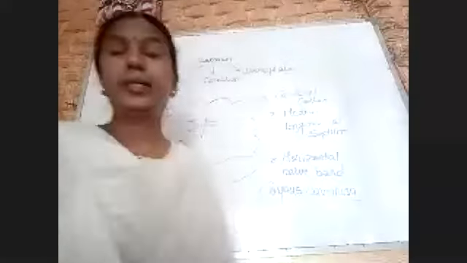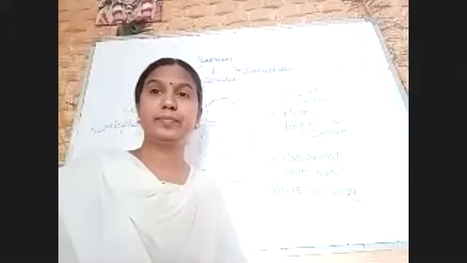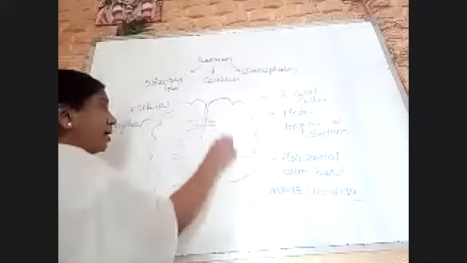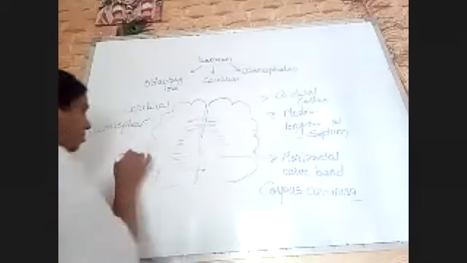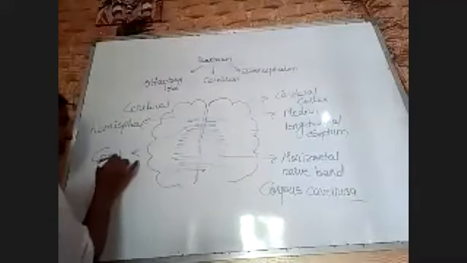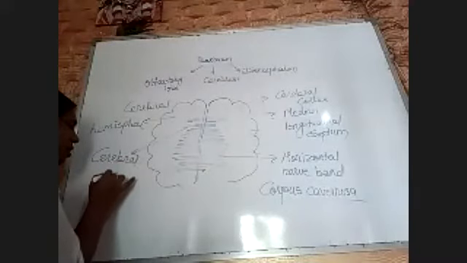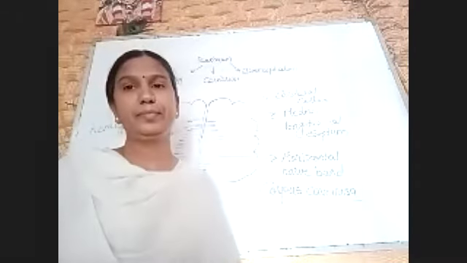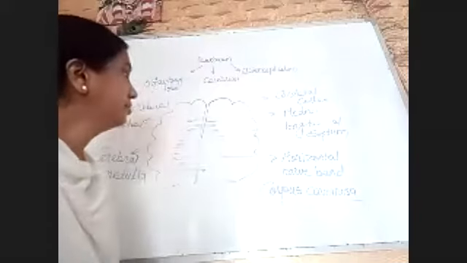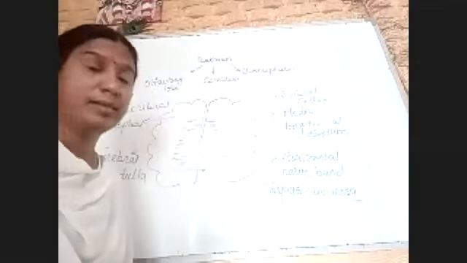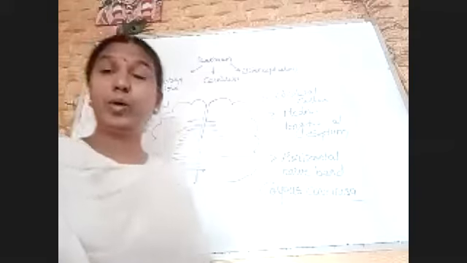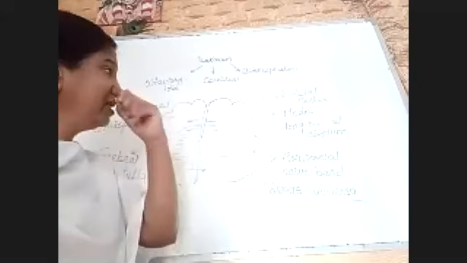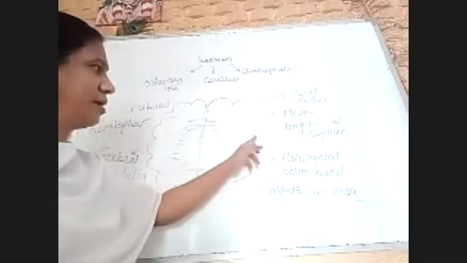The cerebral cortex is made up of gray matter, and the inner part of the cerebrum is called the cerebral medulla. This cerebral medulla is made up of white matter. So here, the cerebral cortex is the outer part, and on this outer part, we will see some elevations and depressions.